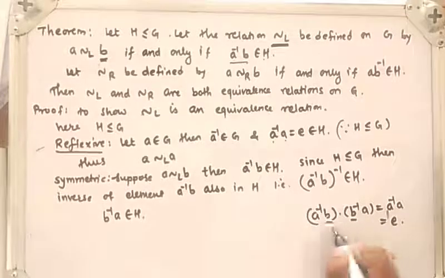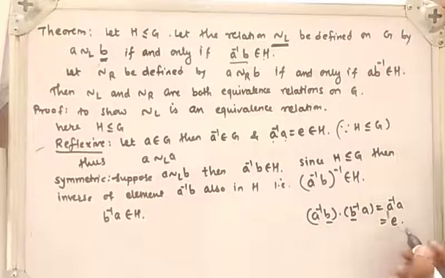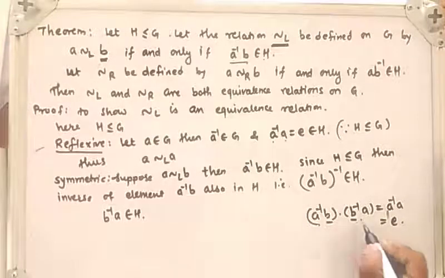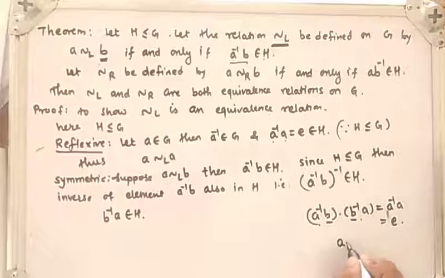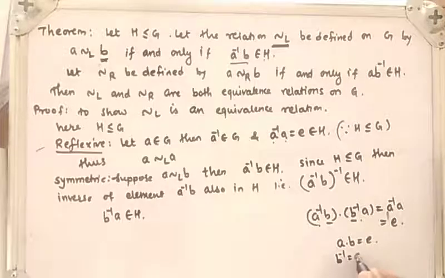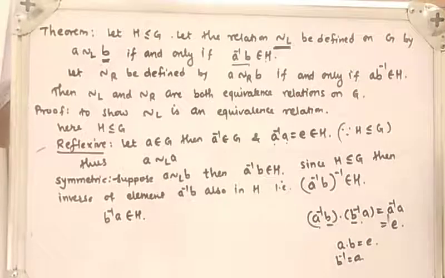So the product of these two elements is equal to identity, then we say the inverse of this element is B inverse A, right? Because by definition, if A into B is equal to identity, then the inverse of B is A, and A inverse is equal to B.